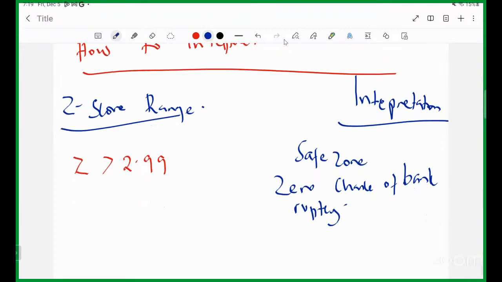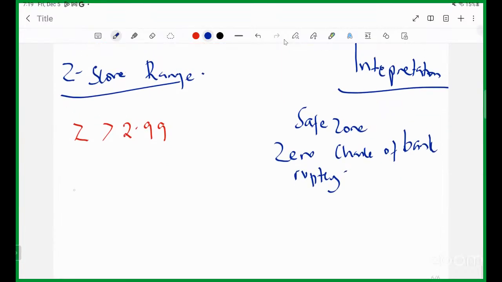But now, if your answer of Z is between 1.81 and 2.99, it does not go below 1.81, but it does not exceed 2.99, this zone is called a gray zone.